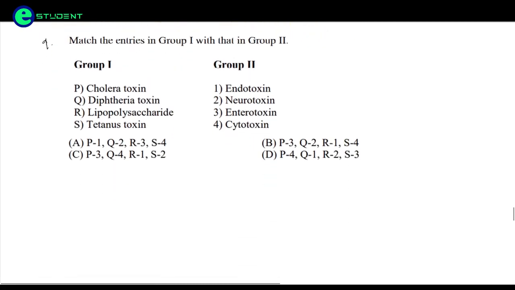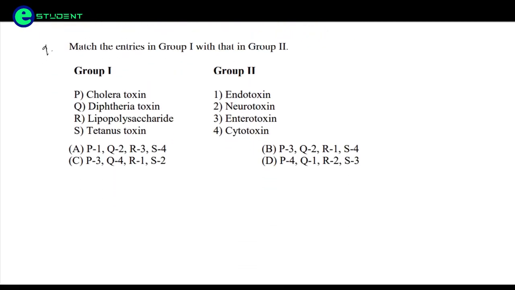Next question. Match the entries in group 1 with those in group 2. Here they are given about toxins, and everywhere there is a mention of toxin.